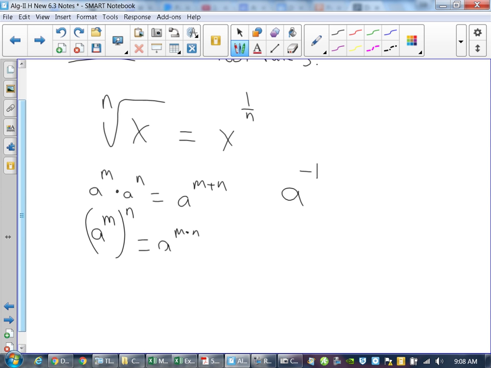Anything to a negative, I should write that as A to the negative n. Is it happy where it's at? No. So it becomes 1 over a to the n. What if it's in the numerator or in the denominator? You move it up.